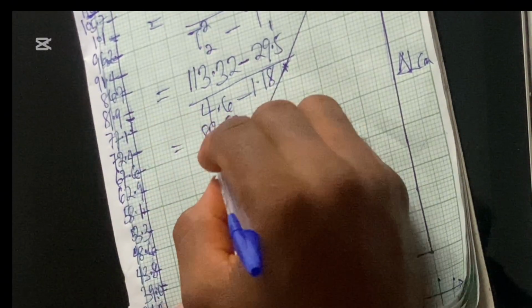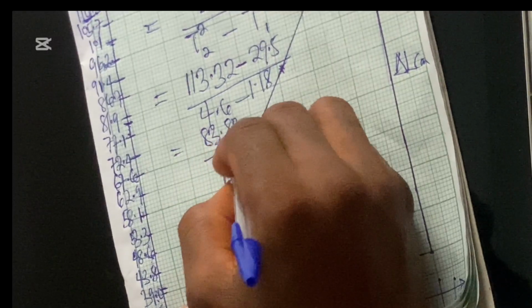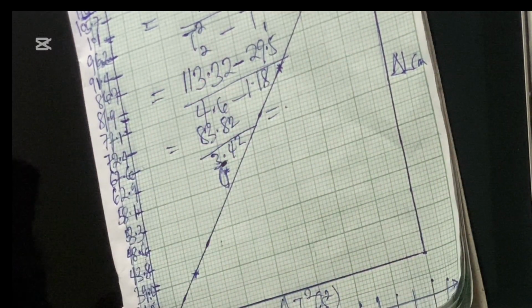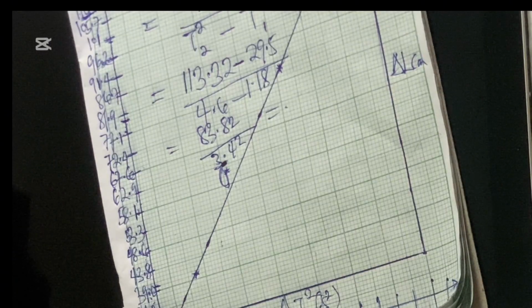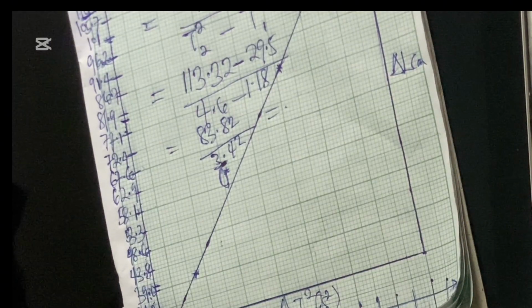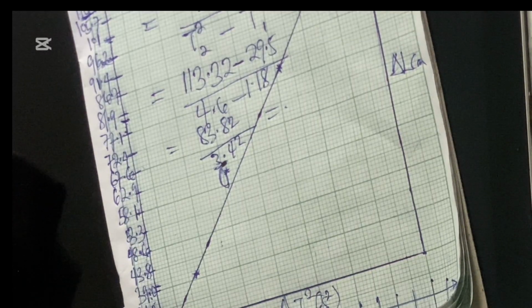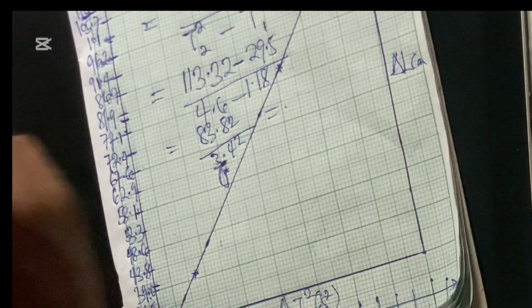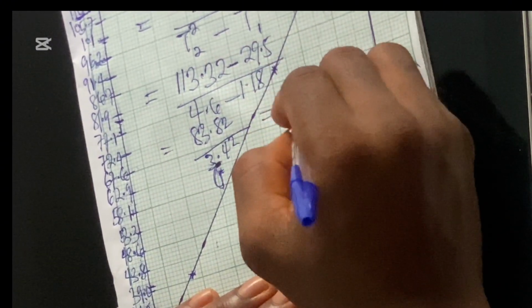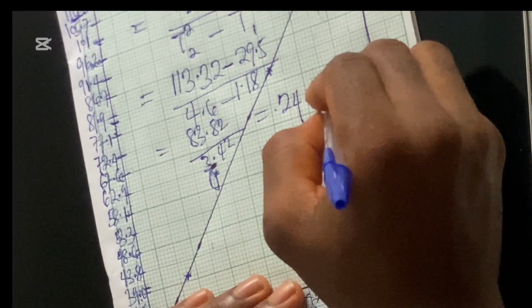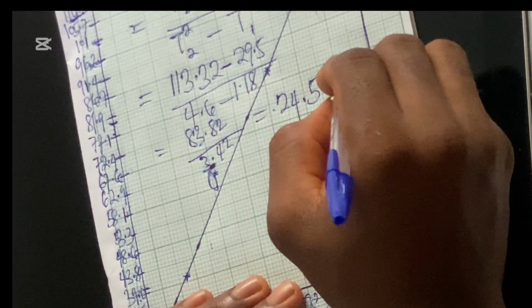I will have this to be 3.42. So 83.82 divided by 3.42, I have this to be 24.508.